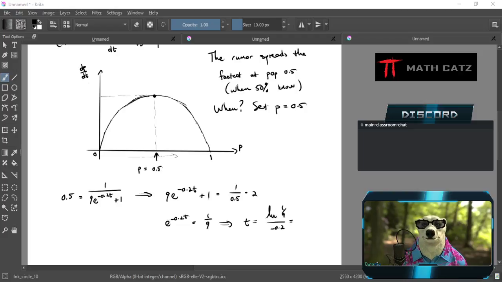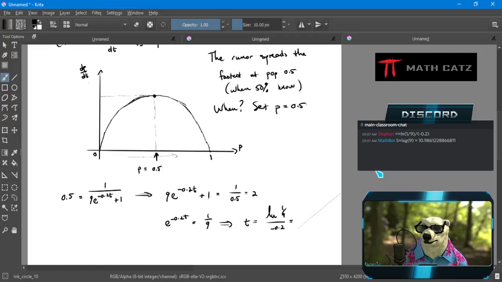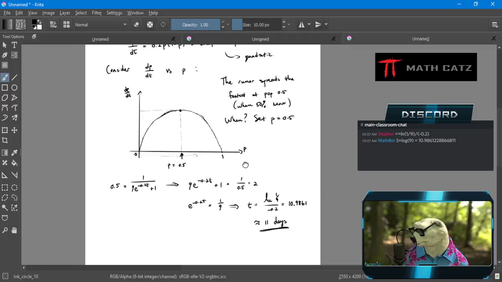Natural log 1 over 9. I want to divide by negative 0.2 as well. I get 10.9861. So approximately 11 days.